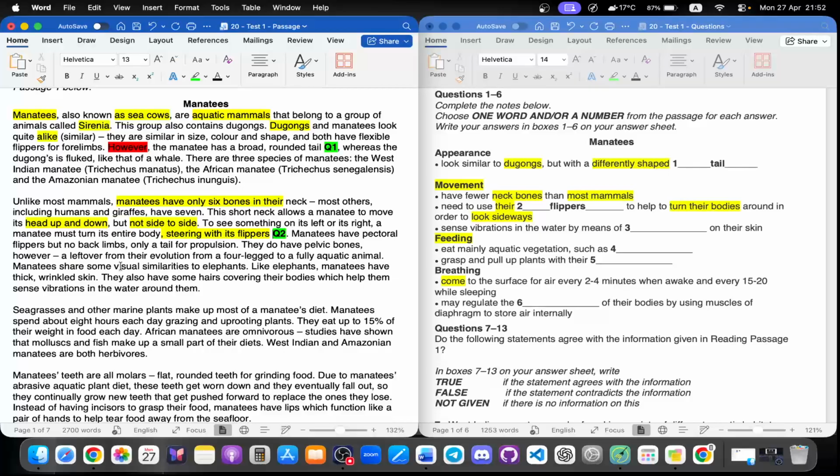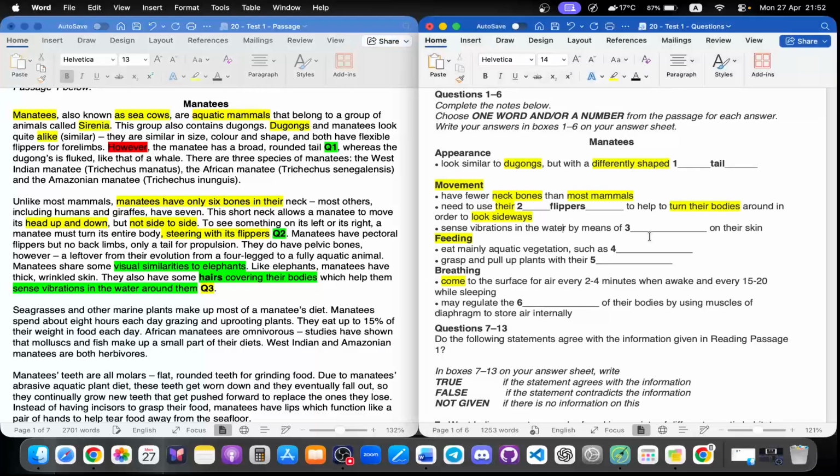Manatees share some visual similarities to elephants. Like elephants, manatees have thick, wrinkled skin. They also have some hairs covering their bodies, which help them sense vibrations in the water around them. So we have another question here. Question number 3: the answer is simple, hairs, by means of hairs on their skin.